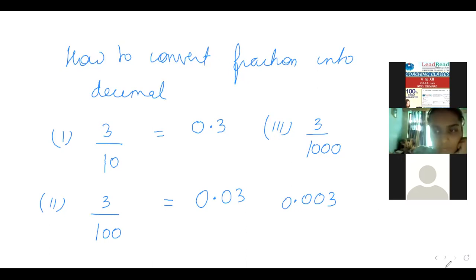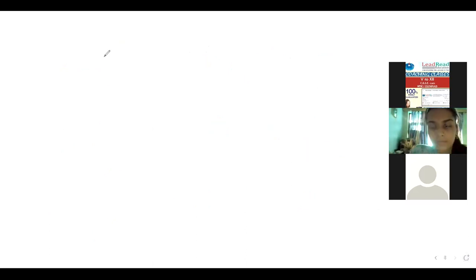If there is no zero in the denominator, let's say 1 by 2. Do you agree that it is a fraction? Yes, ma'am. So I will be doing the long division. 1 is the dividend and 2 is the divisor.